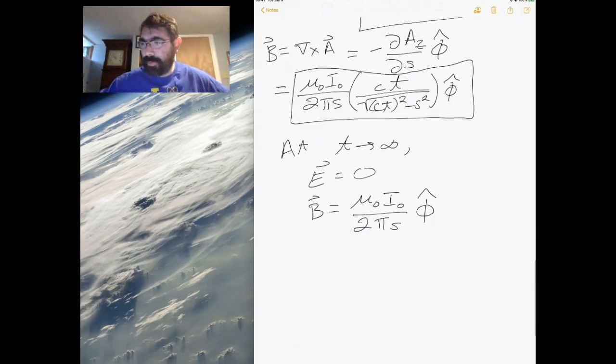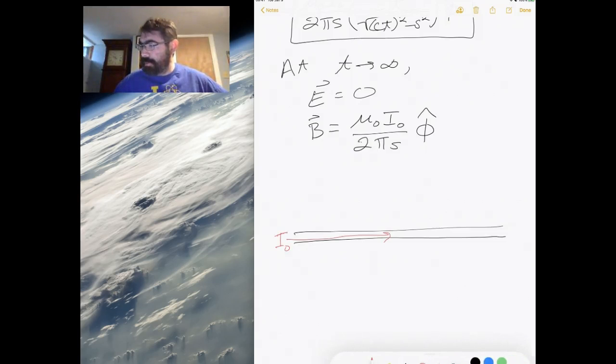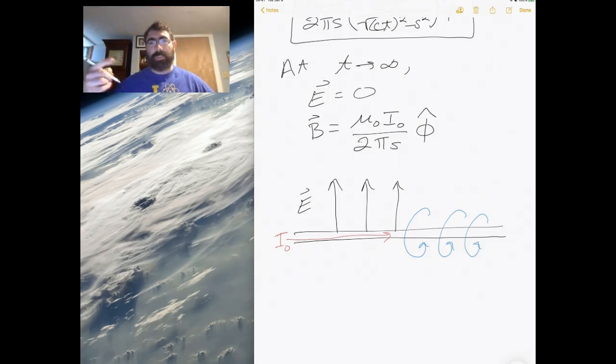So what we have is a wire where we now turn on some current. You now have some current flowing through this wire, I naught, and the moment that you turn it on, you're going to get an electric field pointing in the z direction, like this, and a magnetic field wrapping around in the phi direction.